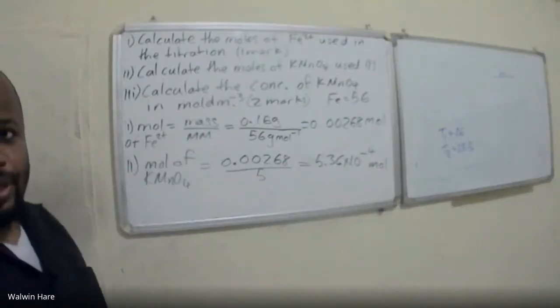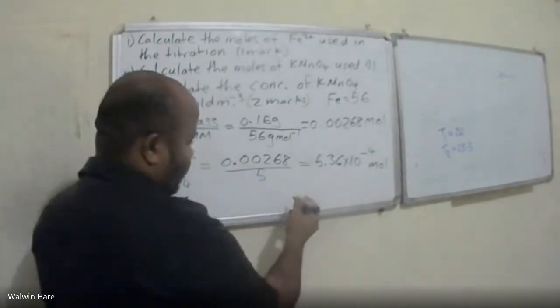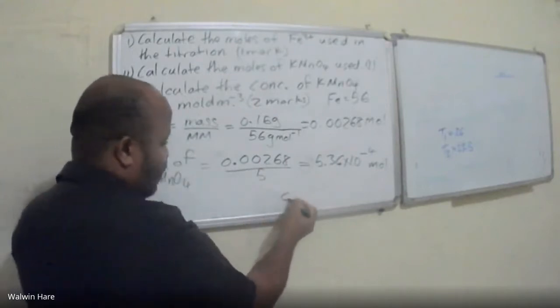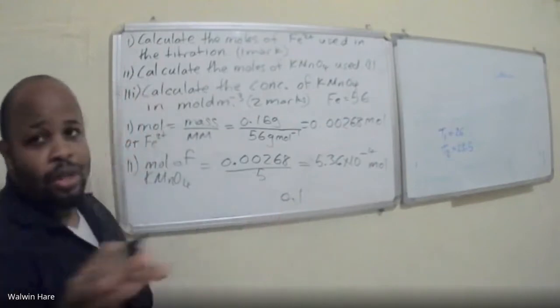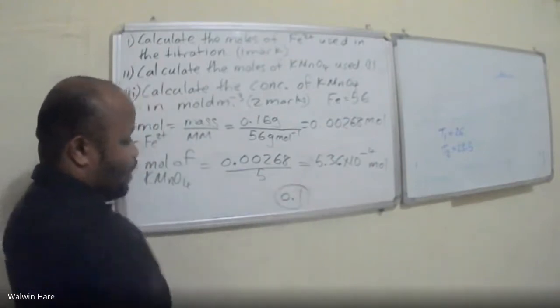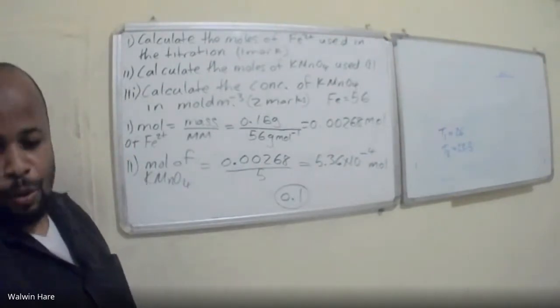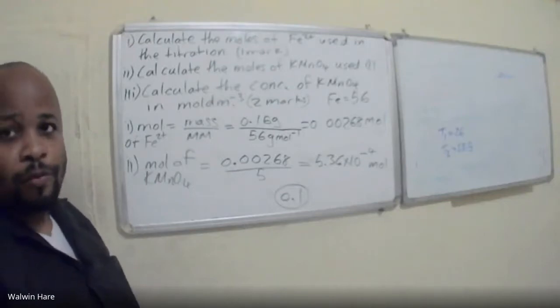So remember, in titration, normally the volumes that we use should not differ, or the difference between the two of them should not exceed 0.1. So the first one was 26, the second one was 25.55, and 25.45.